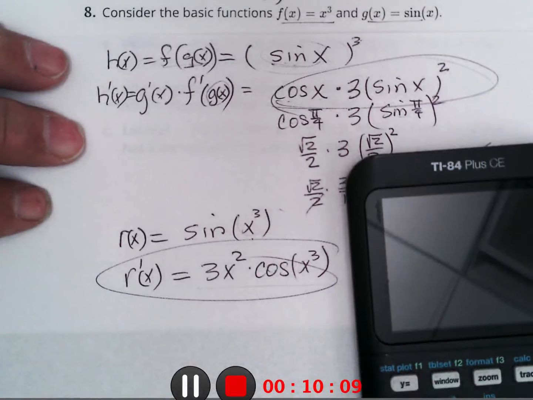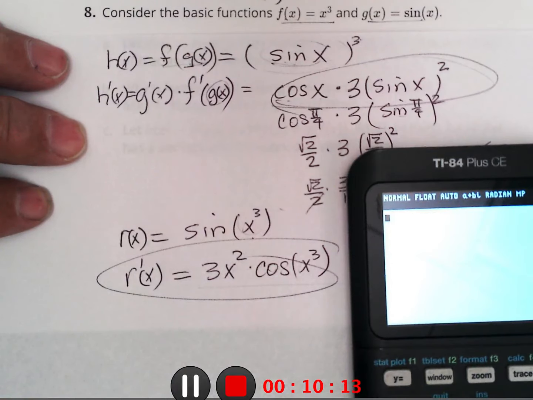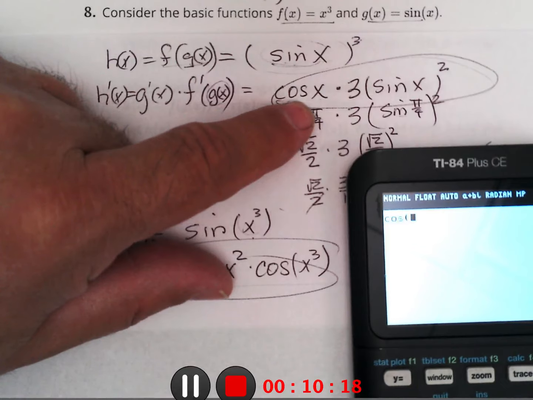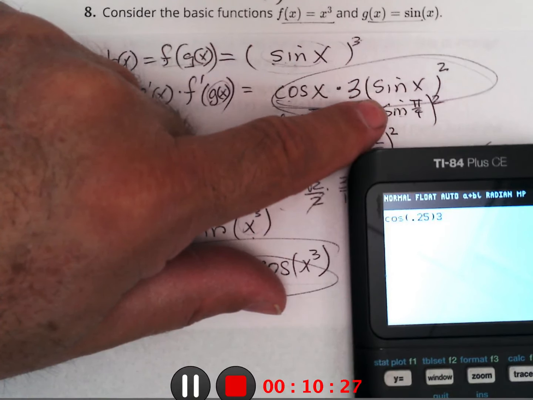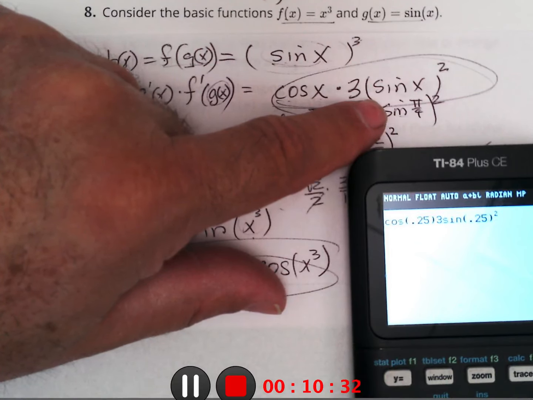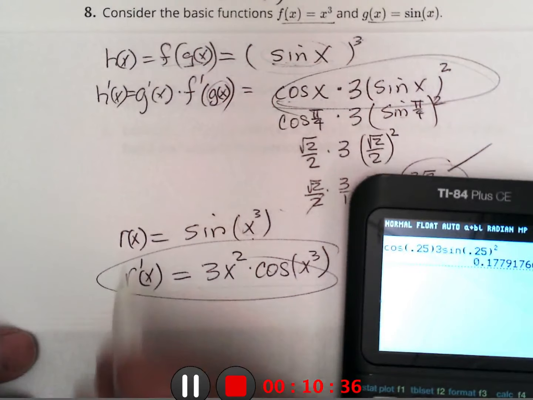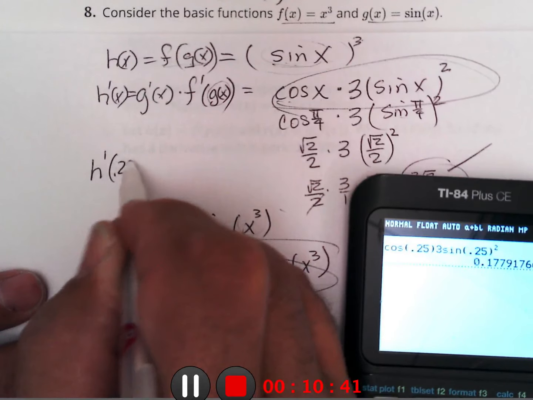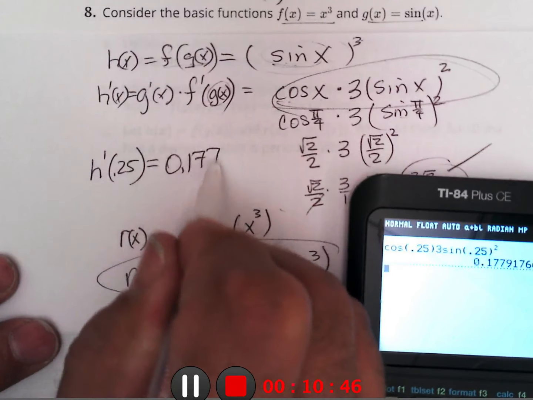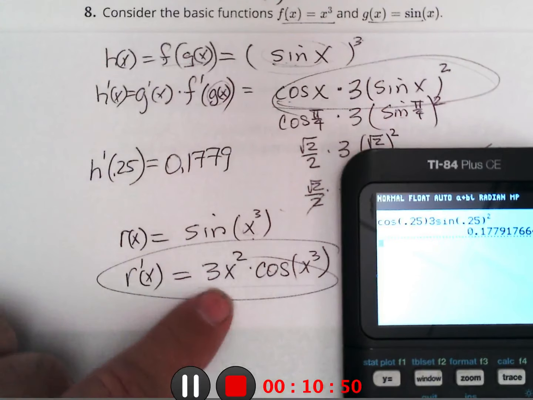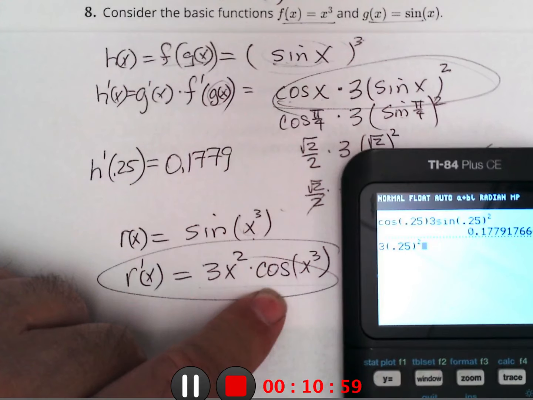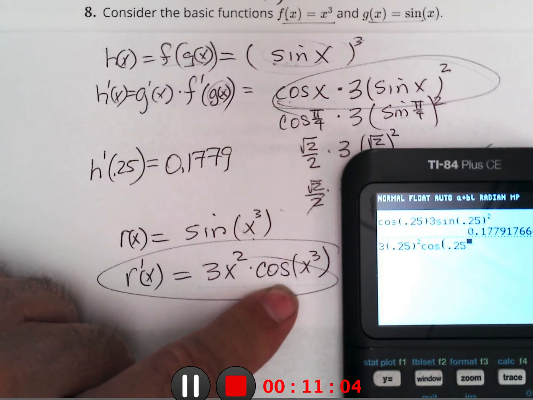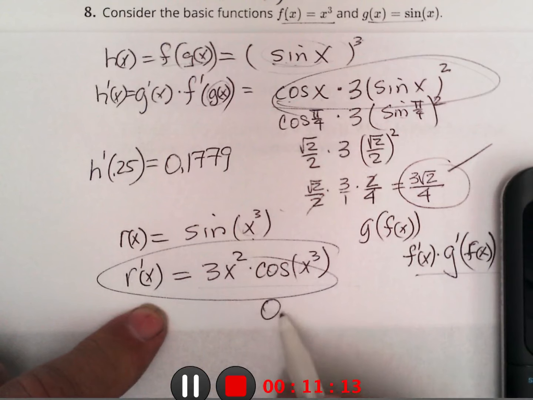So I put my calculator, quit, clear, and I type in cosine 0.25, close, 3, sine 0.25, close, squared, that whole thing squared, and I get the first one, h prime of 0.25 is 0.1779, and the other one is 3 times 0.25 squared cosine of 0.25 to the third, close parenthesis on that cosine, and we get 0.1874.